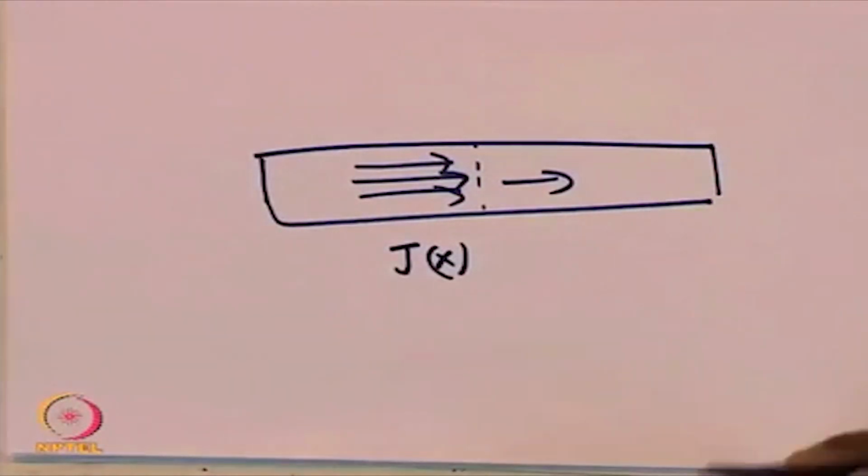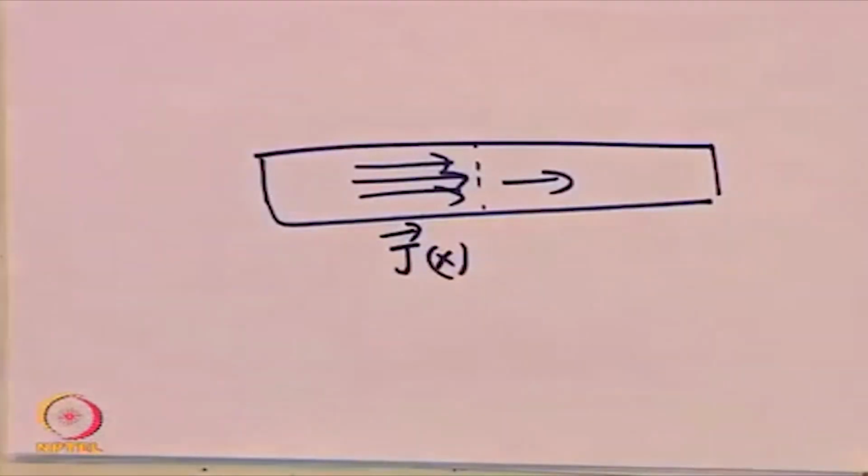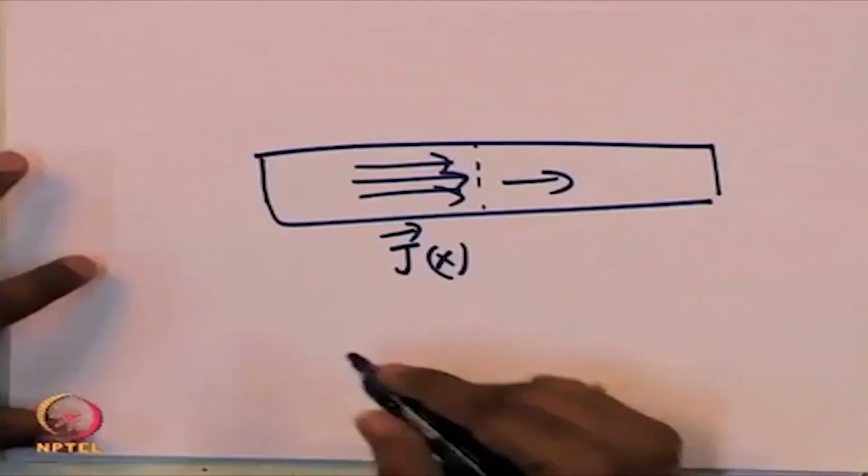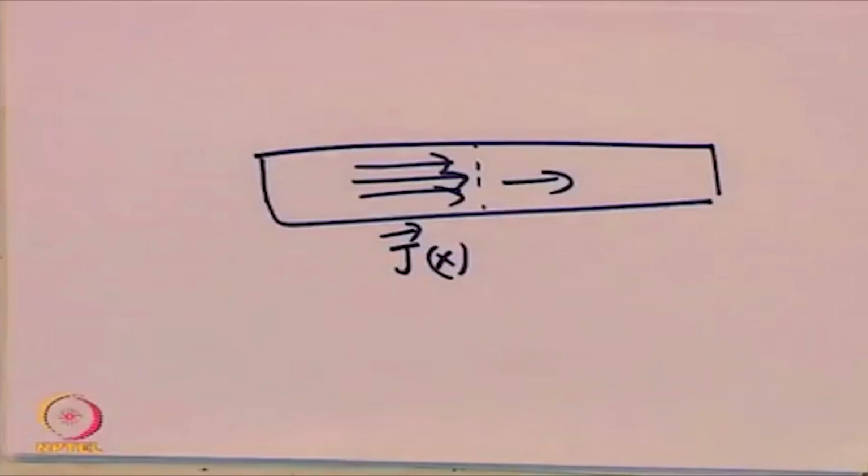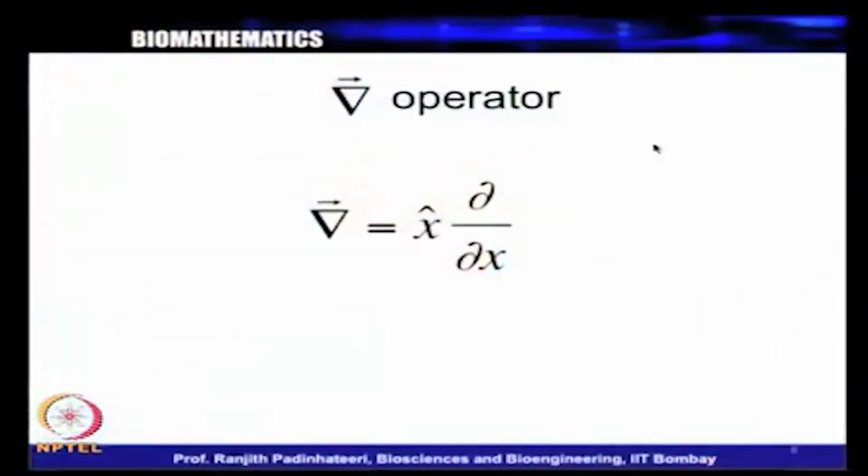So, the derivative of J should be non-zero. Now, we learn something called gradient. We call the del operator, or the gradient. The gradient del is defined as x cap del by del x. This is something that, in vector algebra, defines change in space.